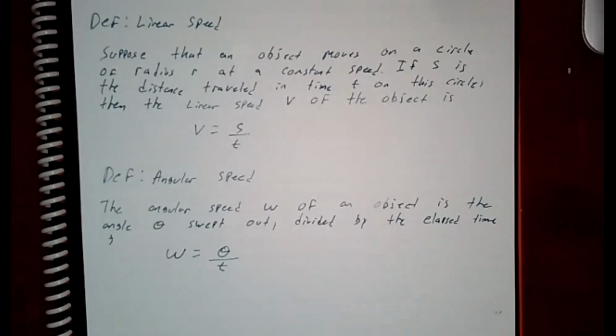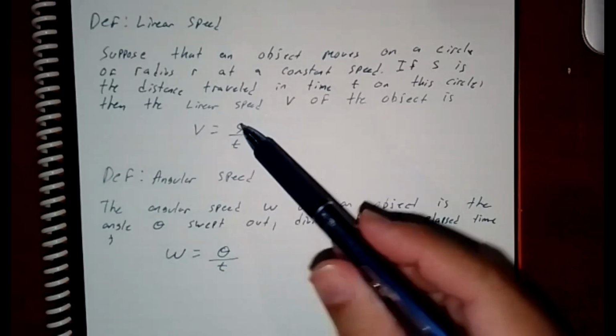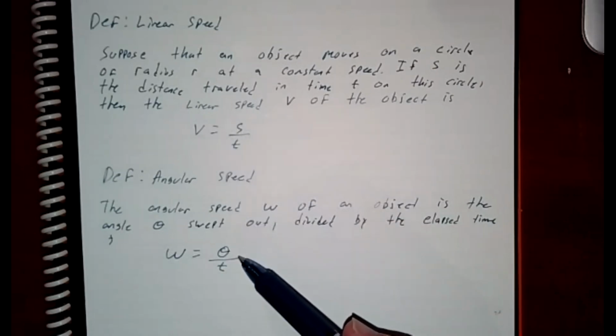This is in the notes that I sent you as well. So this is the speed on the arc, and this is the speed of the angle.